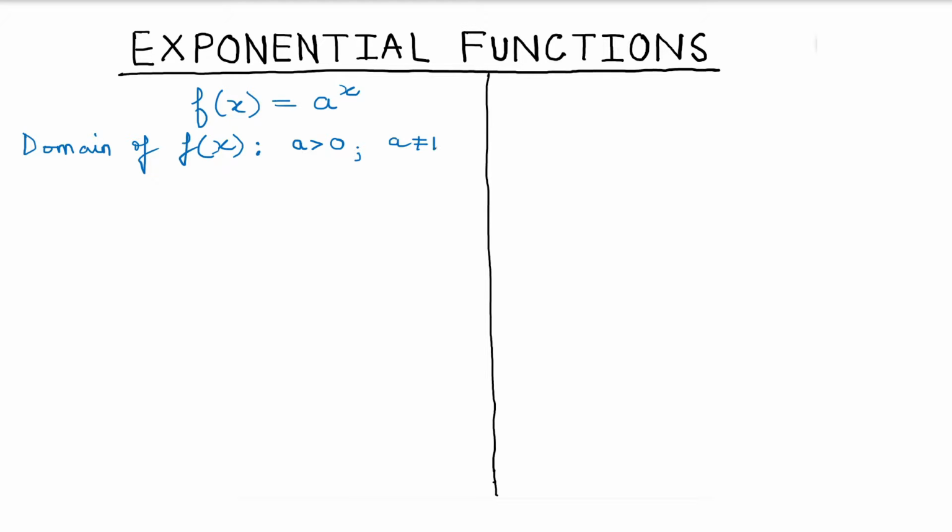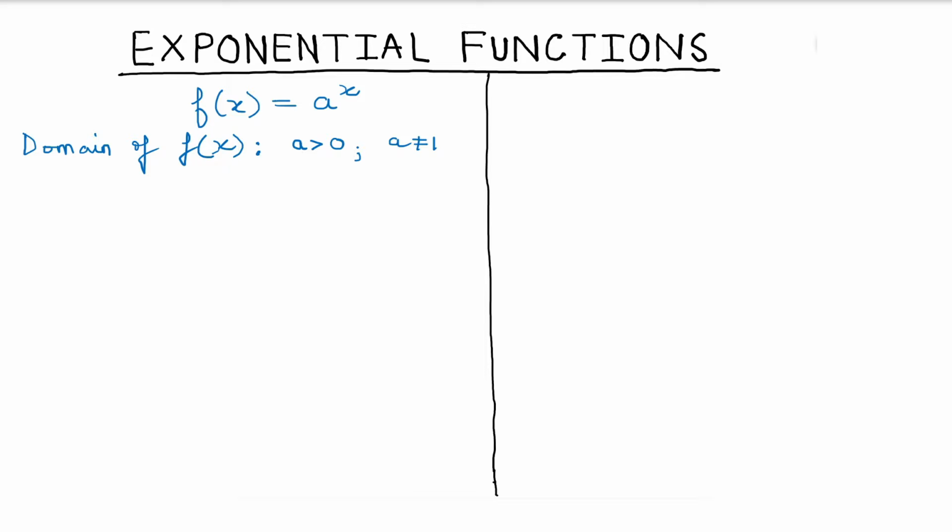In other words, a function of the sort a to the power x, which is known as an exponential function, is not defined for negative values of a. Second, if I say 1 to the power x, it becomes a meaningless function, because 1 to the power x, irrespective of the value of x, is going to be 1.